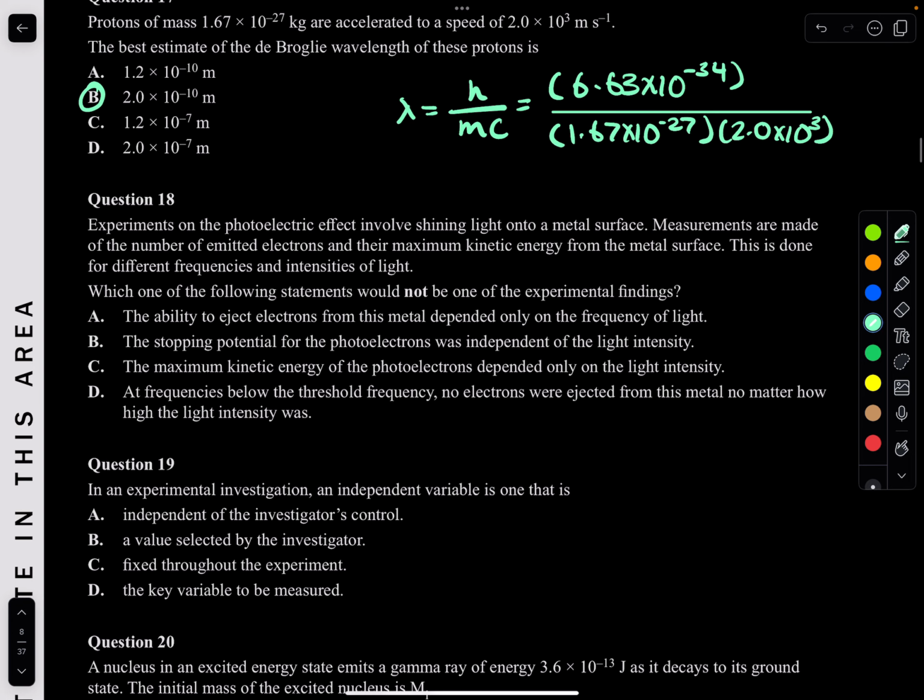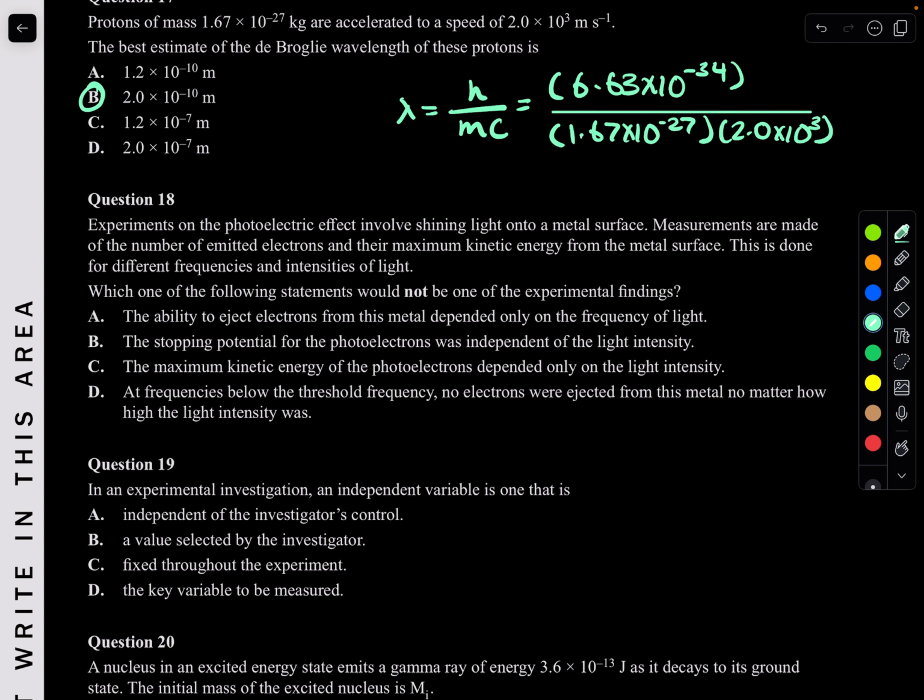Question 18. Experiments on the photoelectric effect involve shining light on a metal surface. Measurements are made on the number of emitted electrons and the maximum kinetic energy from the metal surface. This is done for different frequencies and intensities of light. Which of the following statements would not be one of the experimental findings? One of the nicest and easiest questions. You know that in the photoelectric effect, intensity only increases the number of photoelectrons, and that's all it affects.